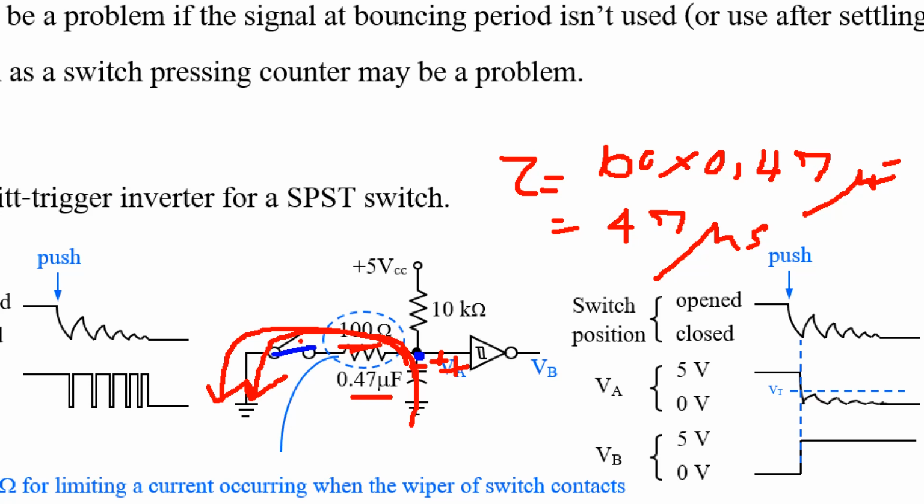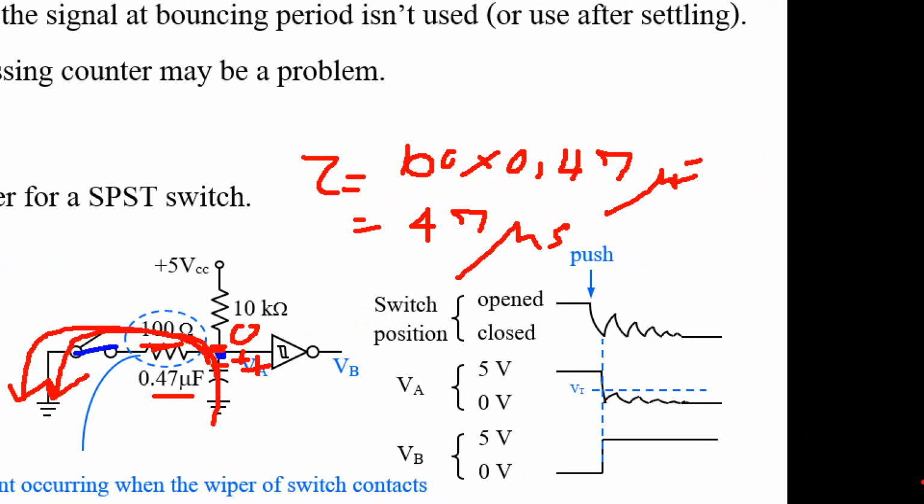So it's a very short period to discharge. That means this point becomes 0. So when touched, VA changes to 0 suddenly.